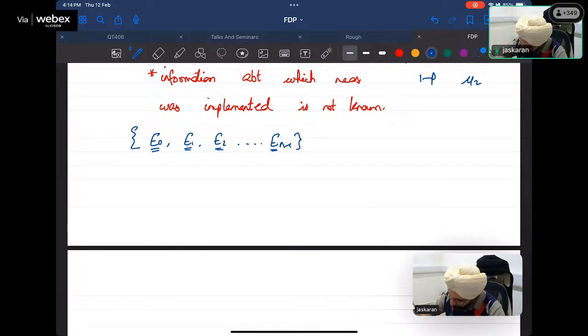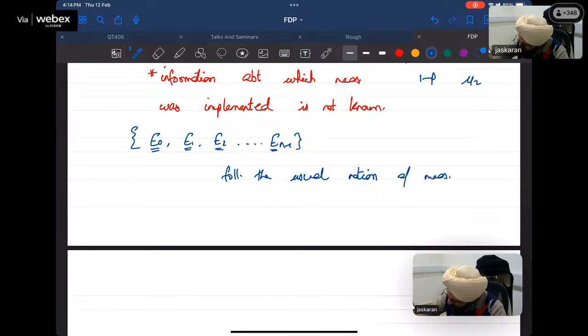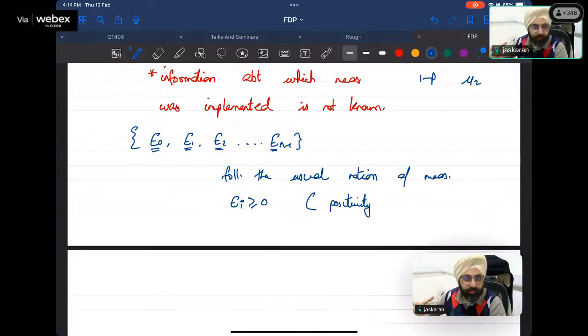So as before, following the usual notion of a measurement, we require that the operators that we have should be greater than or equal to 0, corresponding to positivity, such that the probabilities that I will obtain later on in my experiment are positive.